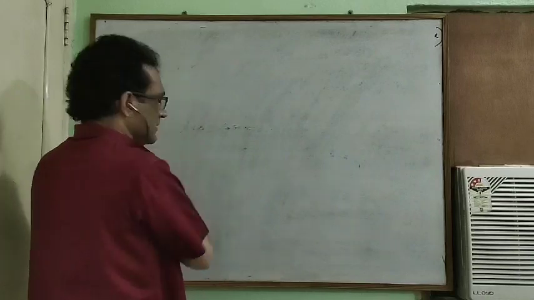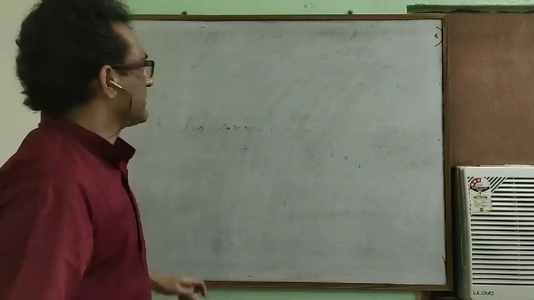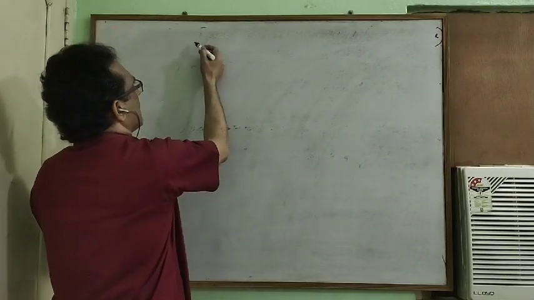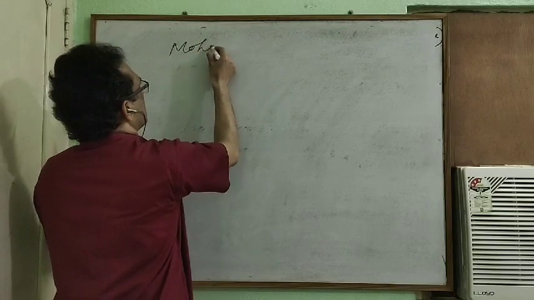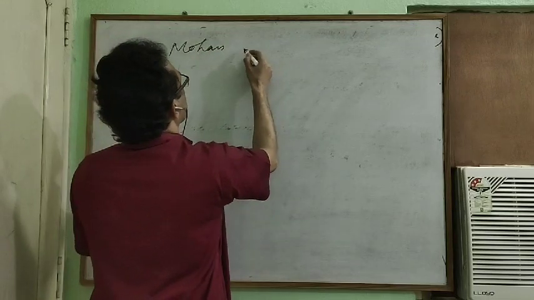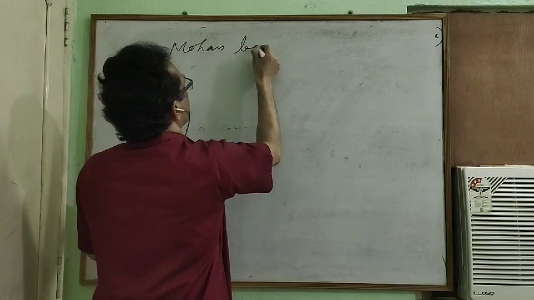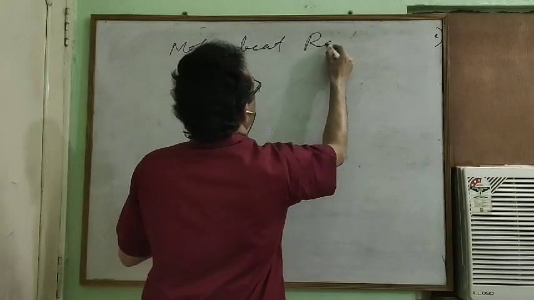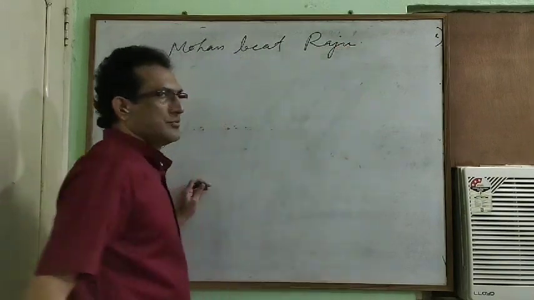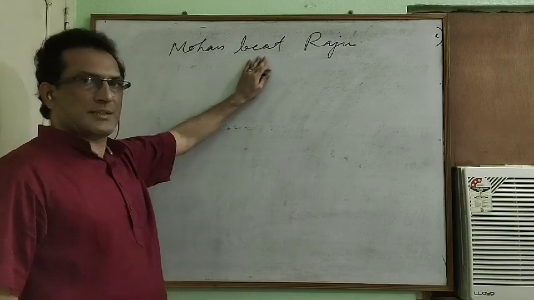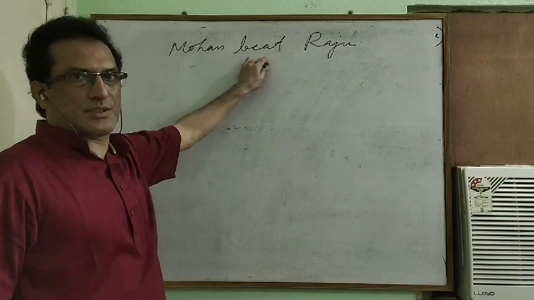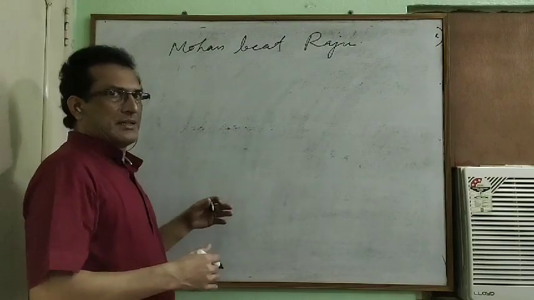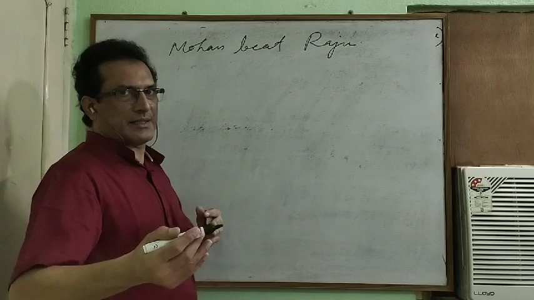So in the same way, was and were. Like Mohan beat Raju. So beat, beaten. So this is the past form. Like read, read, read.